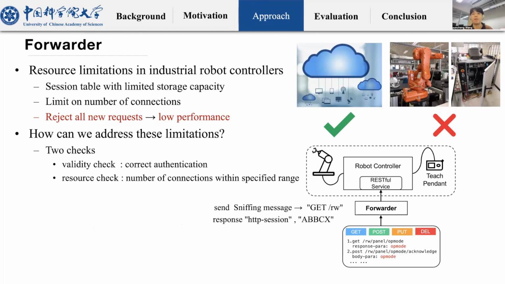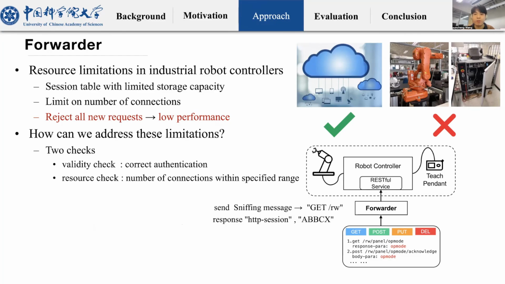We discovered that the server performs two types of checks on incoming requests. First, a legitimacy check. This ensures requests include valid authentication. Second, a resource quota check. This verifies that the session ID in the request doesn't exceed the maximum limit. To bypass these constraints, we use a forward module.